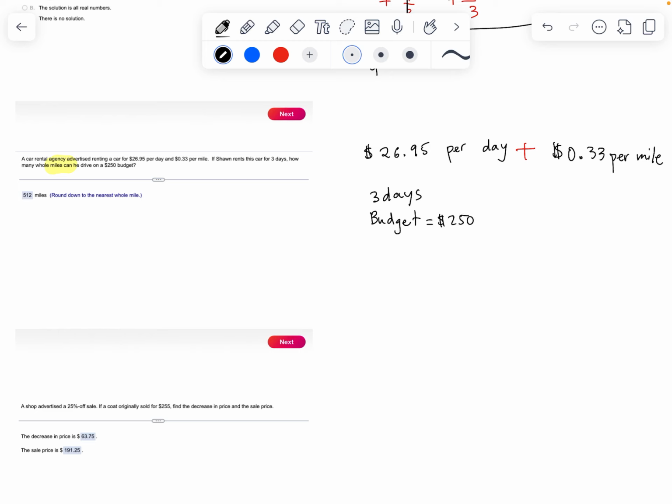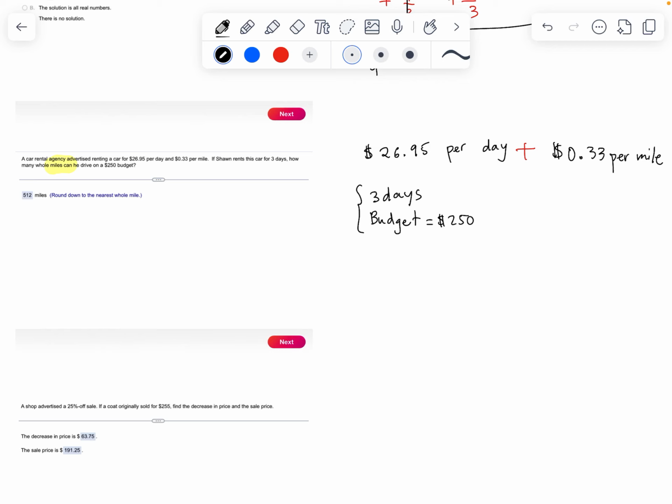So here we want to calculate the number of miles if you rent your car for 3 days and you have a budget of 250. Whatever you do, it's going to fall under that budget, right? So we have to set up our equation.